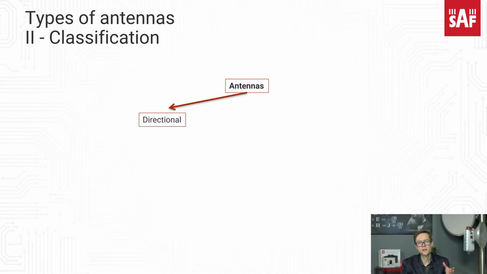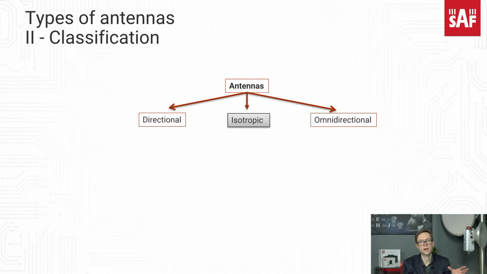The first way of classifying the antennas is to separate them between the directional antennas, omnidirectional antennas, and isotropic antennas. This isotropic is grayed out because this is more of a theoretical concept.